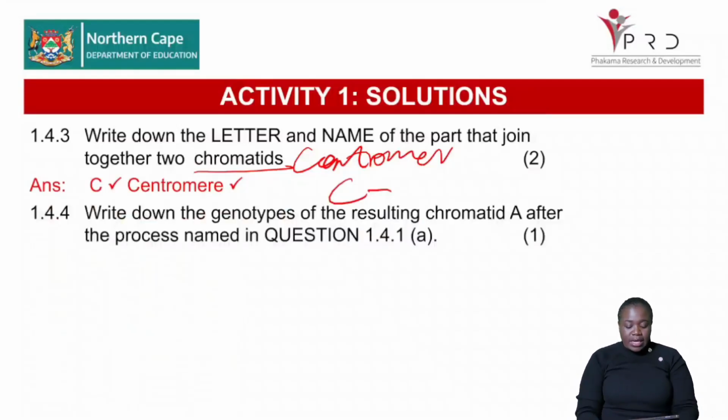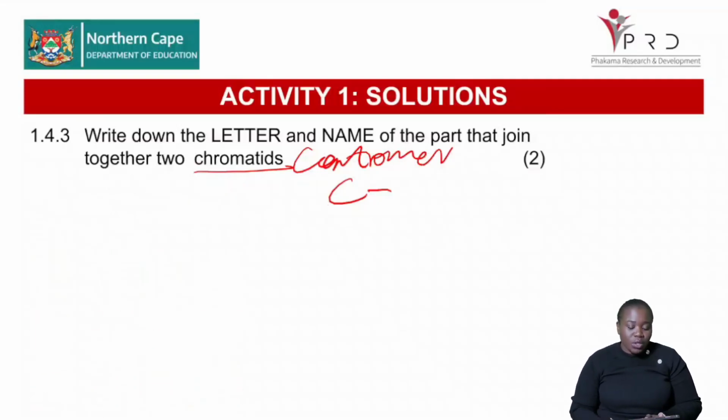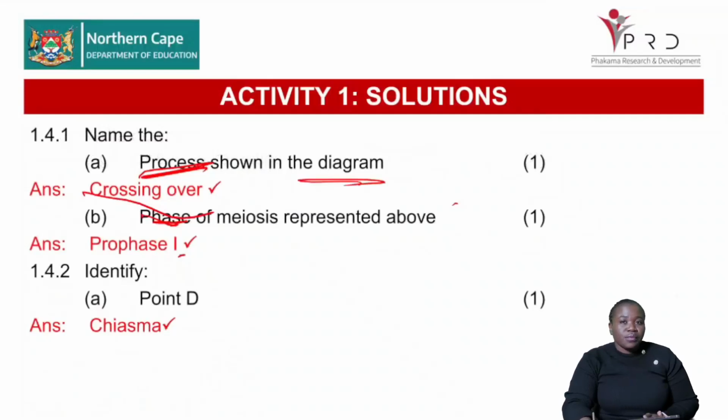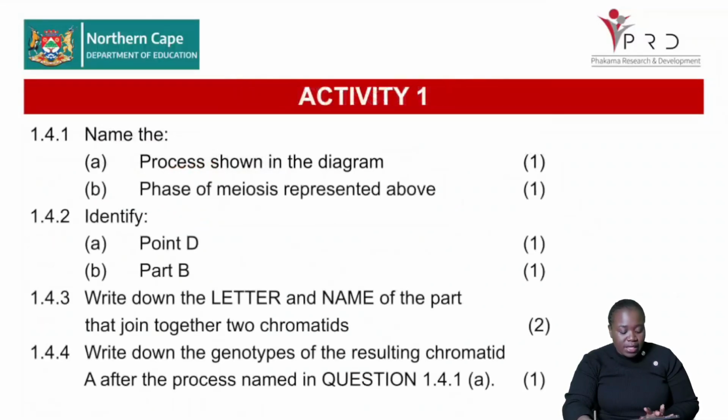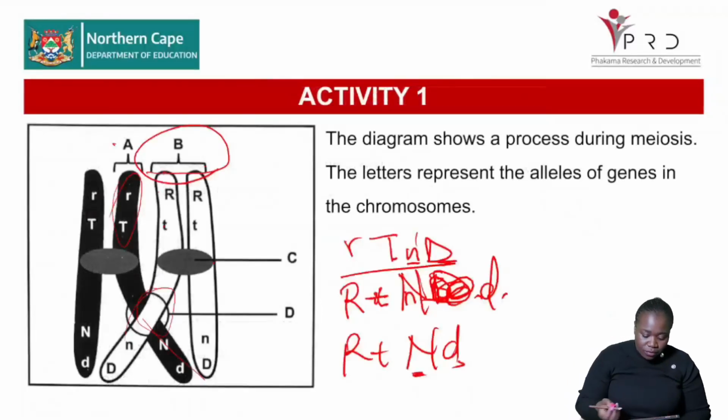1.4.4, write down the genotypes of the resulting chromatid A after the process named in question 1.4.1. So after crossing over, what is going to happen to the genetic material of those chromosomes? So that is actually needed here.